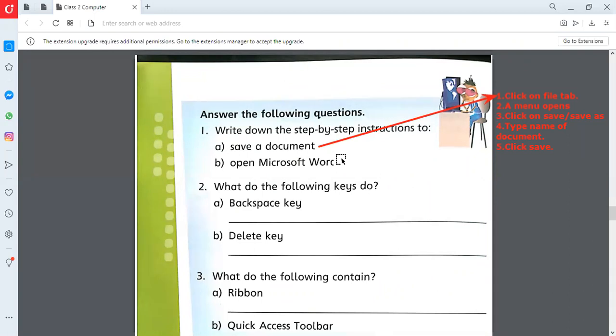Now I am also writing the answer for part B. Part B is asking for the steps required to open Microsoft Word. What are the steps to open Microsoft Word? Okay, so let me write the steps there.